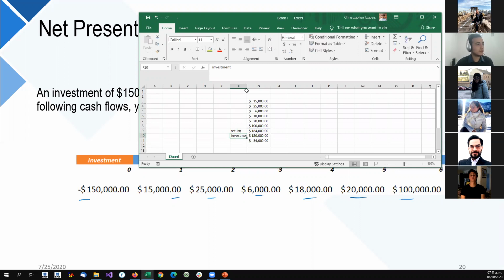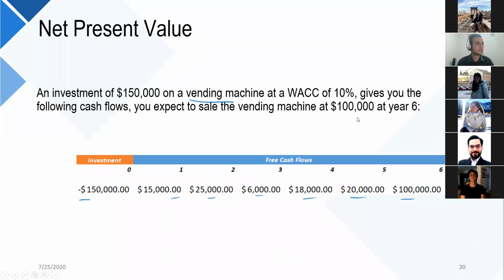You may think, well, this is a really good investment. I get back my money. I get back 150,000, and I actually win 34,000 pesos. It seems like a good investment, right? If I put my money in this example, I will actually make a profit.